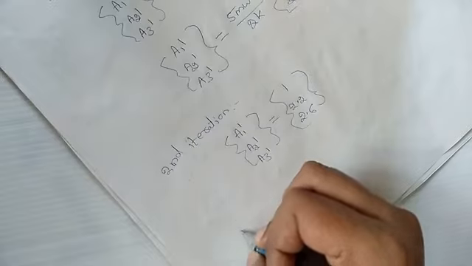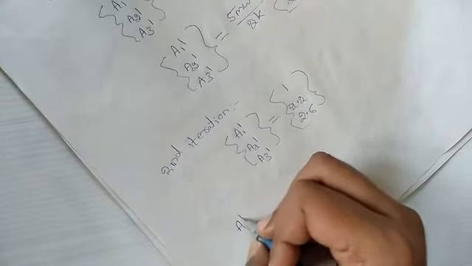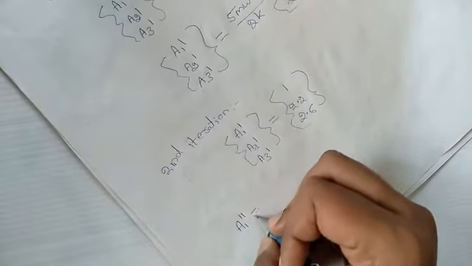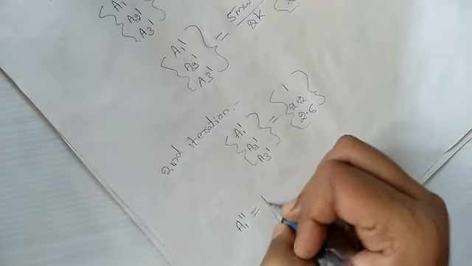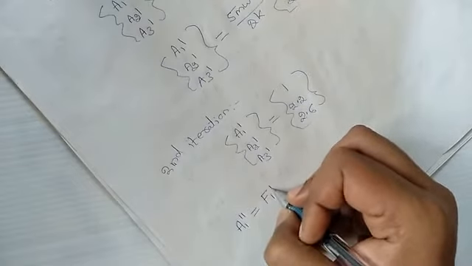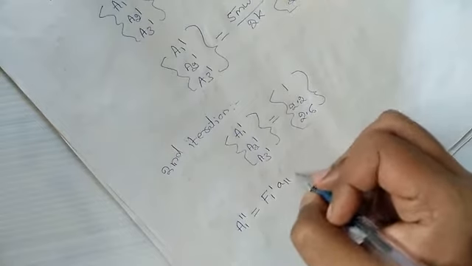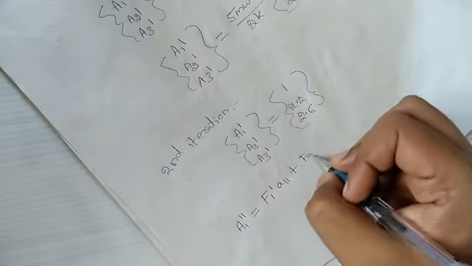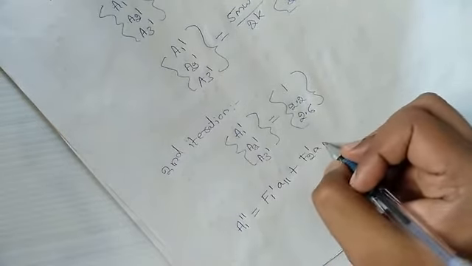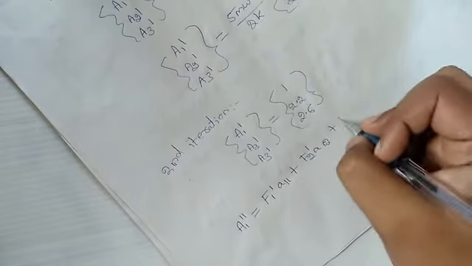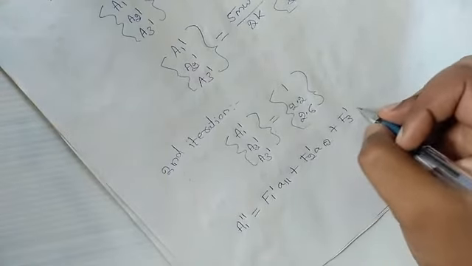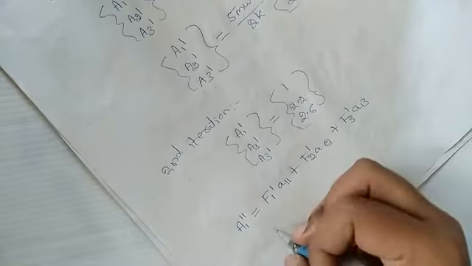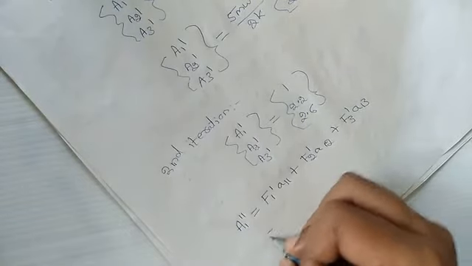For the second iteration, it will be A1 double dash. A1 double dash is equal to F1 dash a11 plus F2 dash a12 plus F3 dash a13.